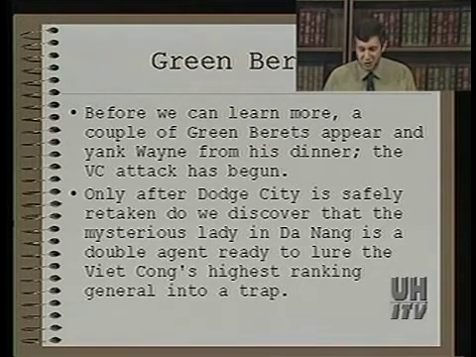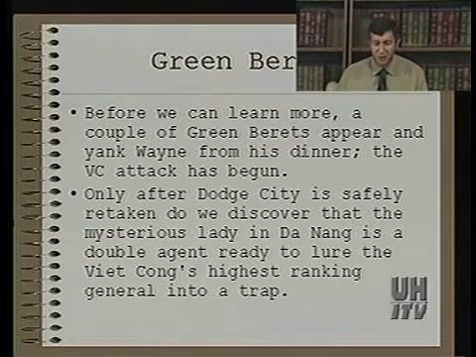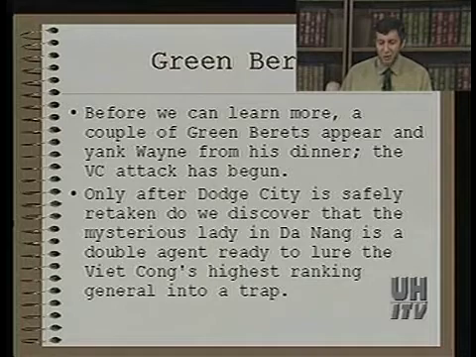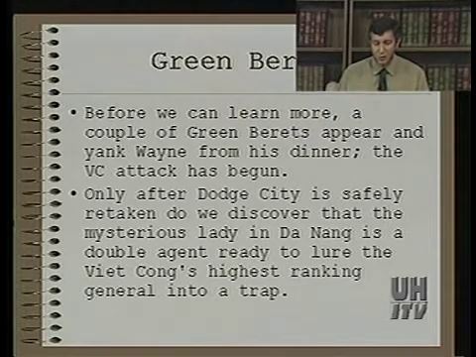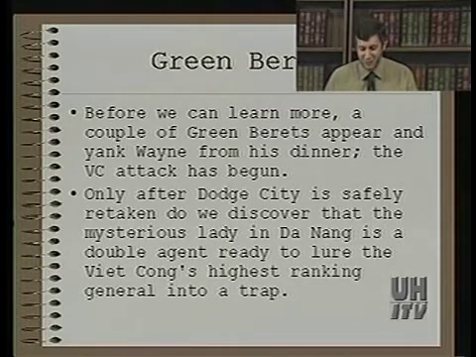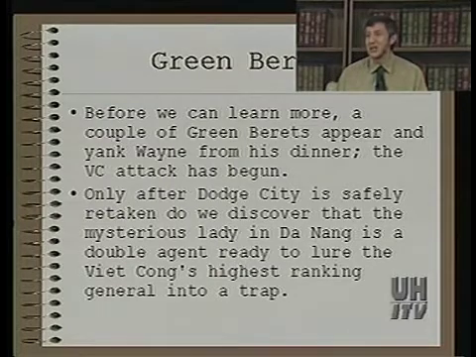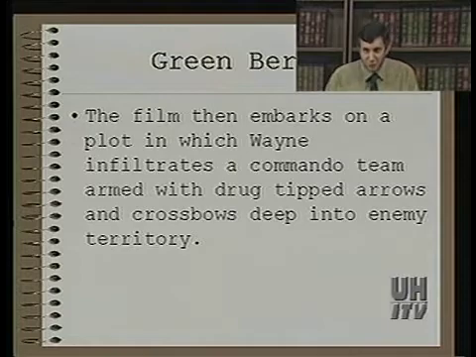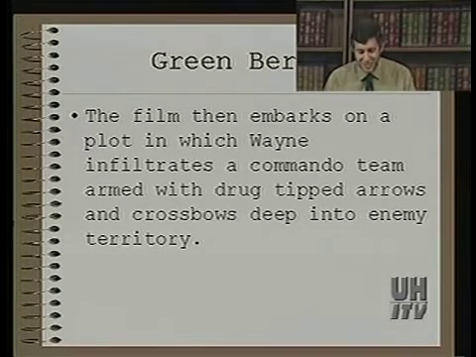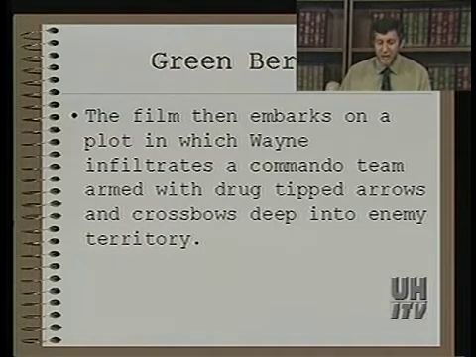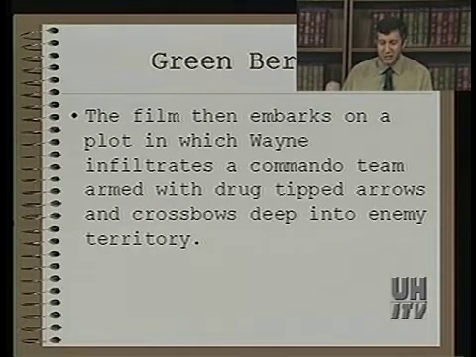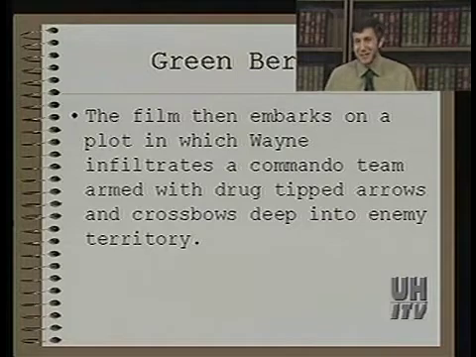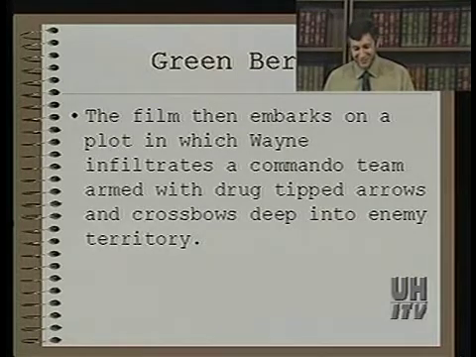Only after Dodge City is safely retaken do we discover that the mysterious lady in Da Nang was a double agent, ready to lure the Viet Cong's highest-ranking general into a trap. The film then embarks on a subplot in which Wayne infiltrates a commando team armed with drug-tipped arrows and crossbows deep in enemy territory.